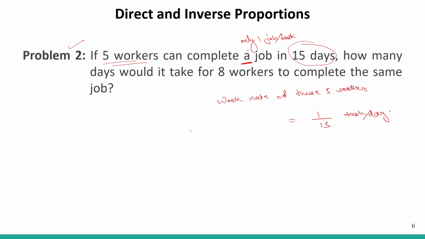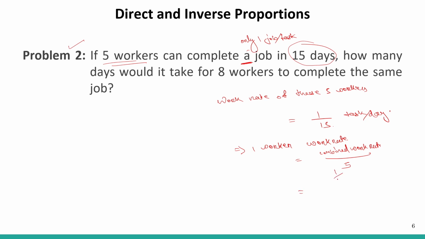Right now we have 8 workers. If 5 workers do this much task per day, this implies that one worker's work rate is equal to the combined work rate by the number of workers, that is 5.